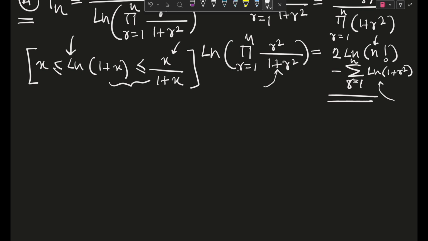My recommendation, because when you get highly tough level sums, you won't have time to derive all this. This is actually not derivable. This comes from standard results. Like, one is ln 1 plus x minus x is an increasing function. Another is ln 1 plus x minus x by 1 plus x is a decreasing function, or x by 1 plus x minus ln 1 plus x is an increasing function.